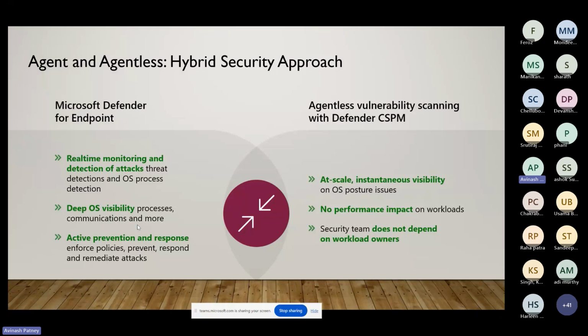Do I need to upgrade my resources or something like that? If it's agentless, we do not depend on workload owners. It can be worked on remotely by the security team, without even affecting the current work that the team is performing.